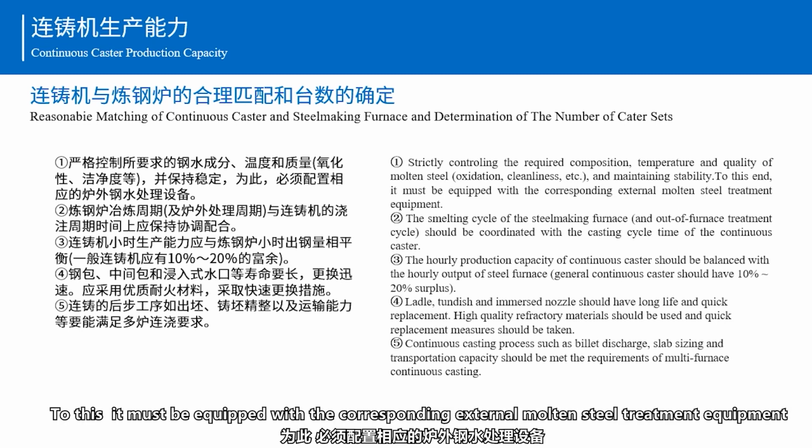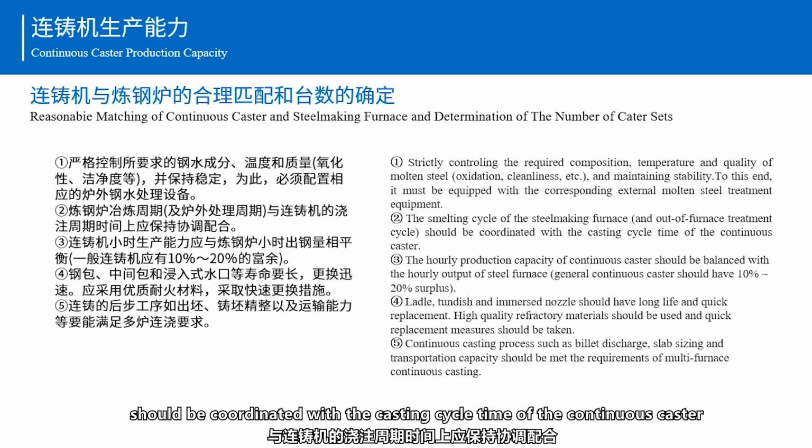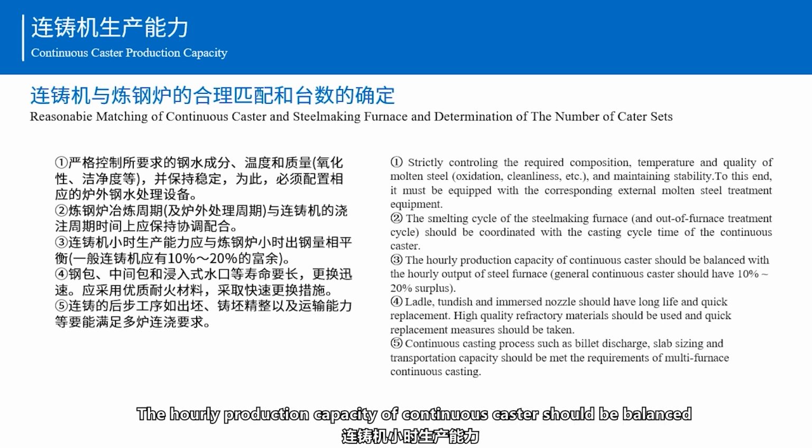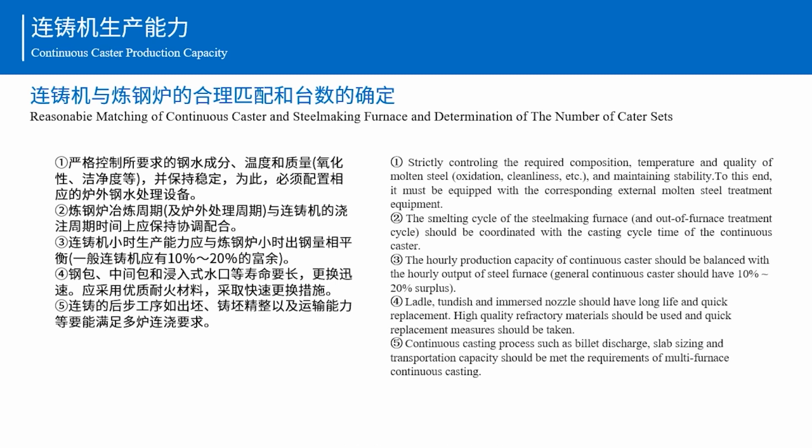To this end, it must be equipped with corresponding external molten steel treatment equipment. Second, the smelting cycle of the steelmaking furnace should be coordinated with the casting cycle time of the continuous caster. Third, the hourly production capacity of the continuous caster should be balanced with the hourly output of the steel furnace.